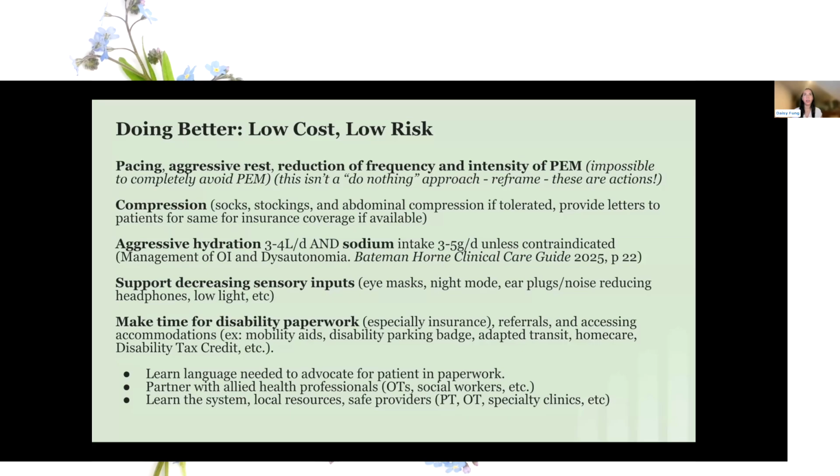Forms are part of our work, our advocacy for the patient, our advocacy in the system, and partner, of course, with the team who we know are safe and knowledgeable in this area. Social work, physiotherapy, occupational medicine, etc., if they're available. And I would make sure you chat with them first to make sure that they understand what it is we're doing and that they're educated in PEM, for example, versus graded exercise therapy and other possibly harmful, or we know harmful therapies as well.